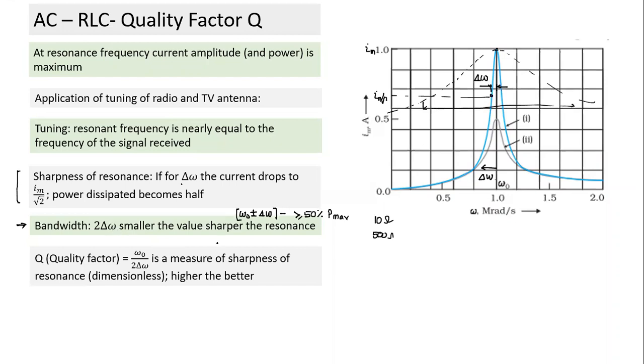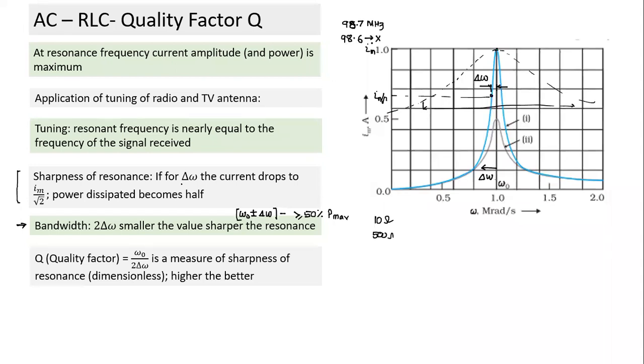We can also use the term sharpness of tuning, and the term selectivity of tuning. Take a popular radio channel: if they say the station is at 98.7 megahertz, it means I should hear it sharply at 98.7. Ideally, if I turn to 98.6, I should not hear the station.